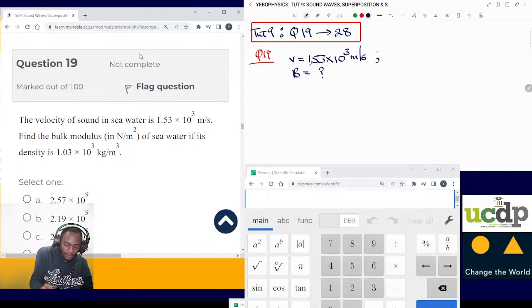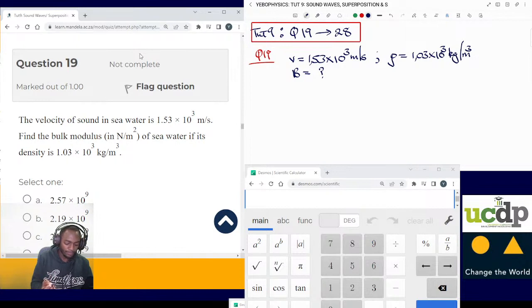And what else are we given? The density, which is equal to 1.03 times 10 to the power of 3 kgs per cubic meter. Everything is in SI units, so whatever we get will be in newtons per square meter, which is the SI unit.